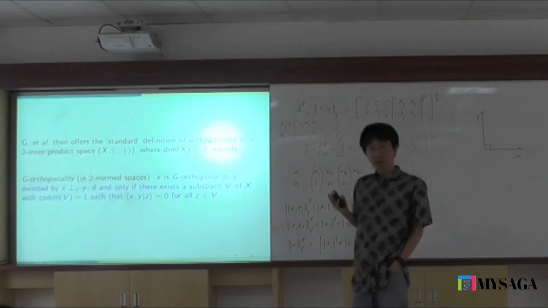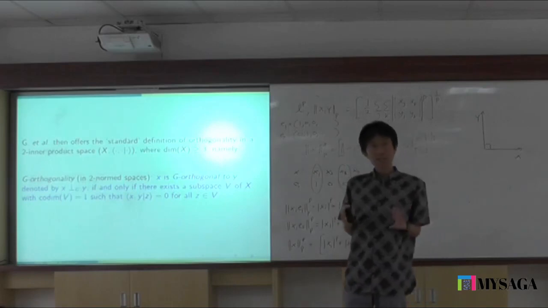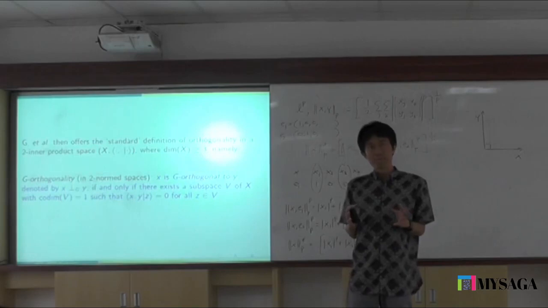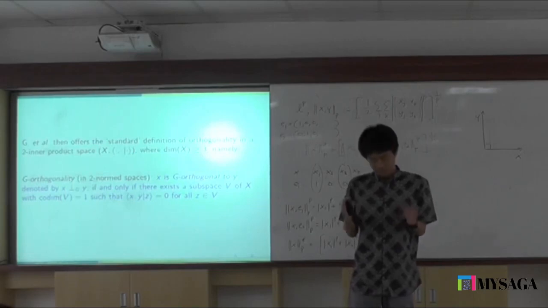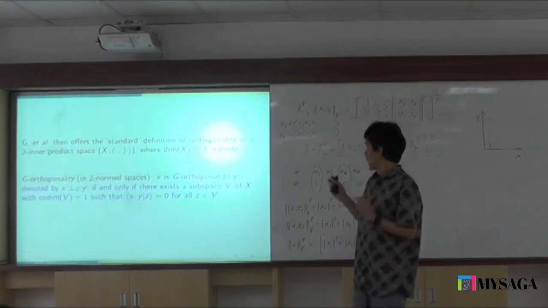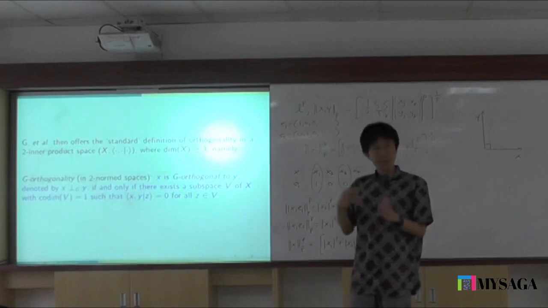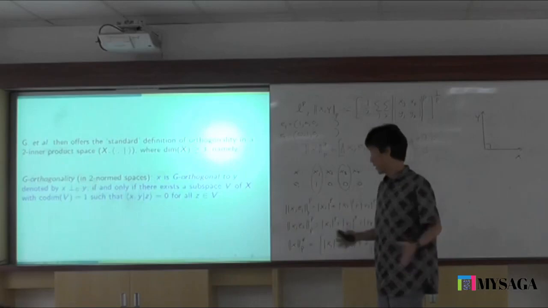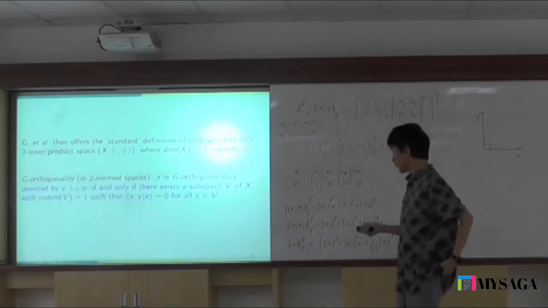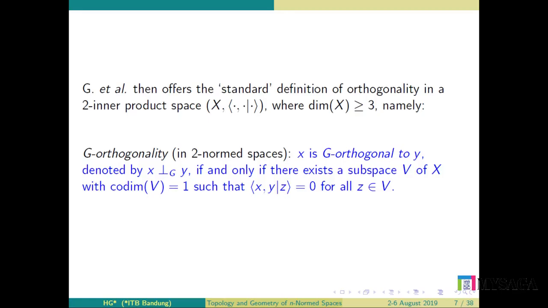This is what we found. The right size of the set of testing vectors is one dimension less than the dimension of the space, such that the value of these two inner products is 0 for all z.